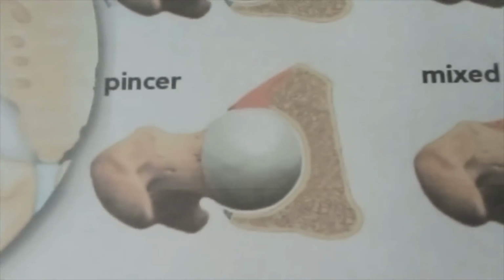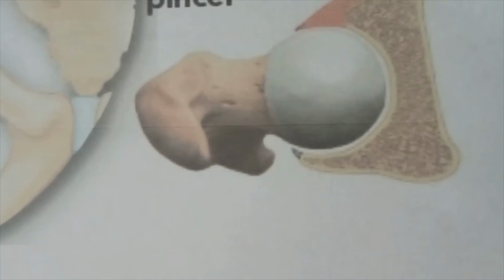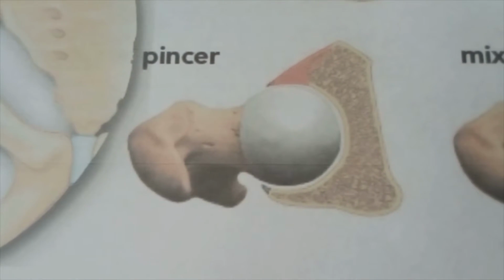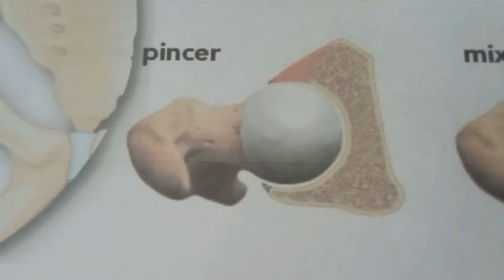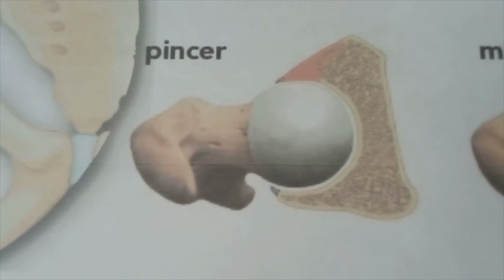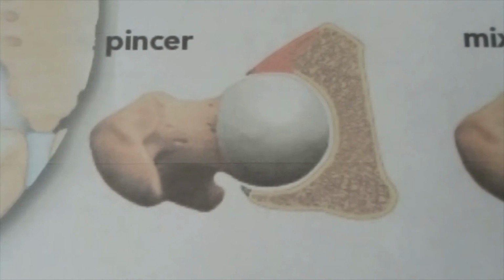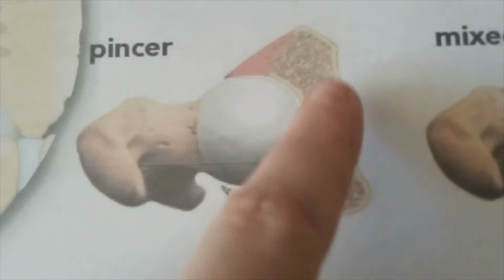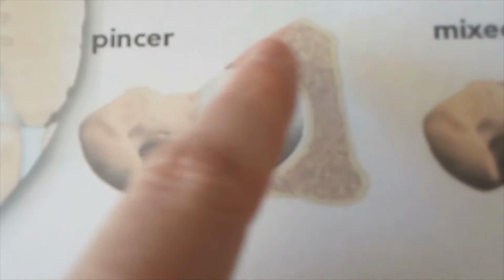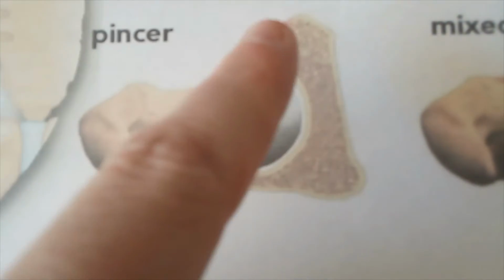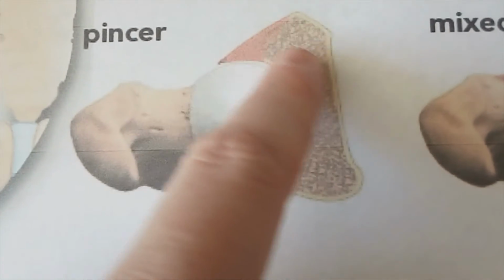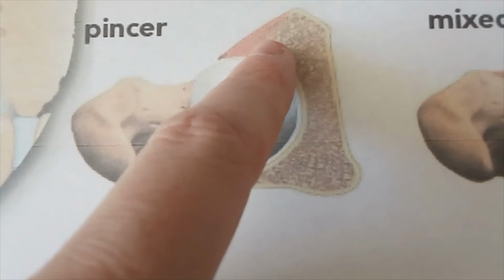So then we have the second type of impingement, which is pincer impingement. Pincer impingement is where the bone spur extends past the normal rim of the acetabulum. So you can see it on the edge of the acetabulum here.